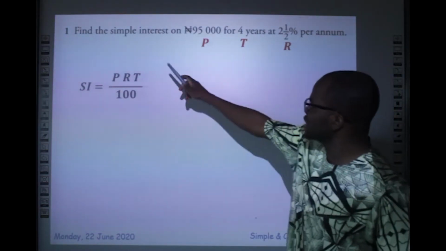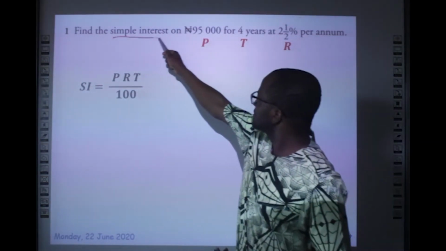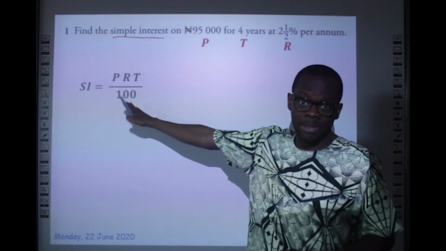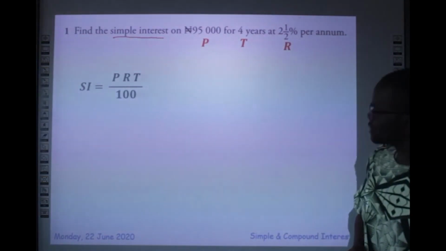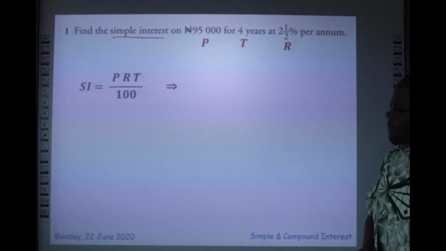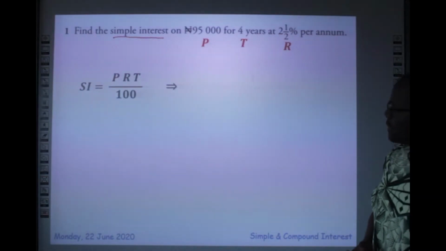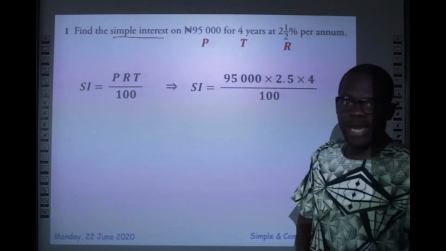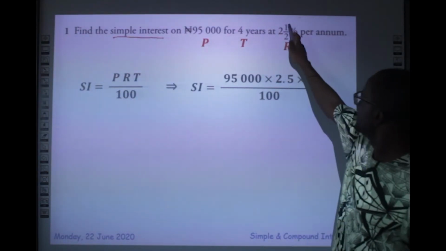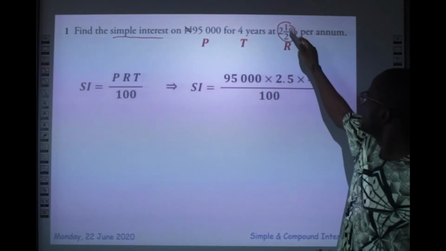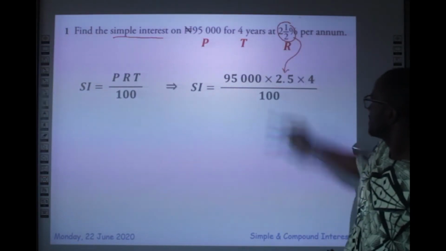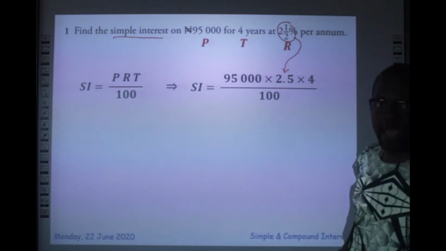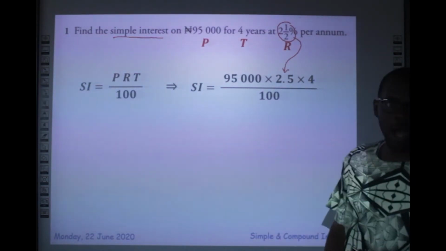So to calculate simple interest, all you need to do is put these values into the formula. Simple interest will be the principal, 95,000, times the rate, 2.5, and then the time, 4 years, over 100.